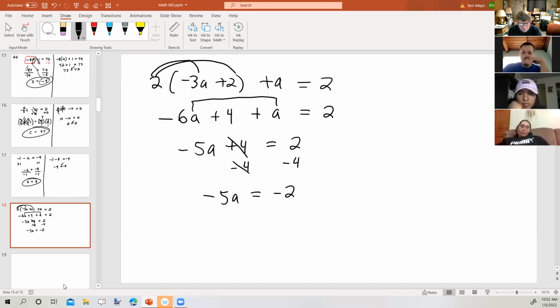Then I'm going to isolate the variable by getting rid of the -5 coefficient. So I'm going to divide both sides by -5. -5 over -5 reduces down to 1. 1 times a is a. On the right side, negative divided by negative is positive. So I will rewrite that as just 2/5. Okay.